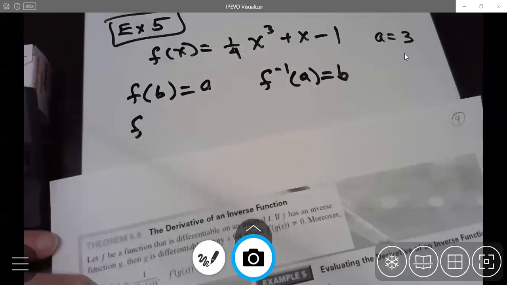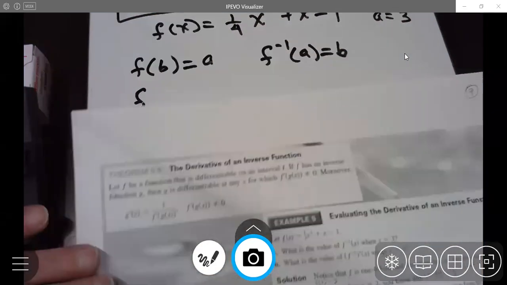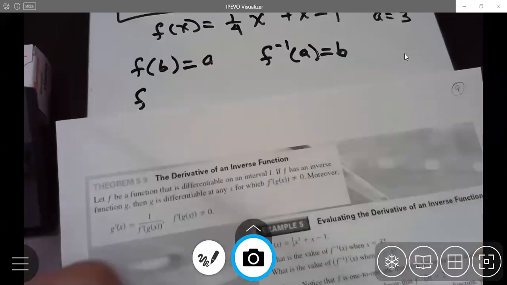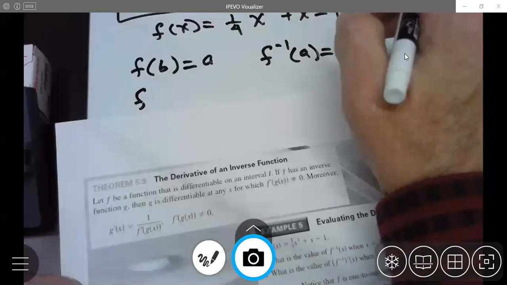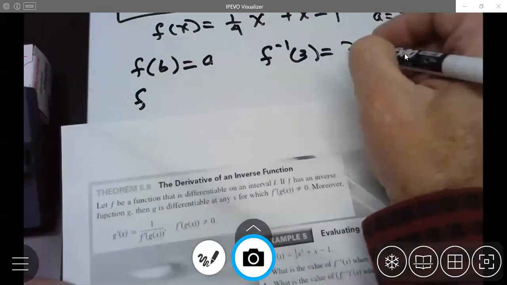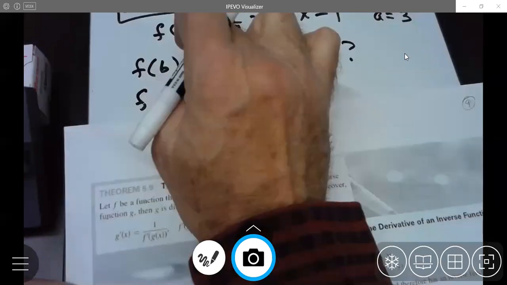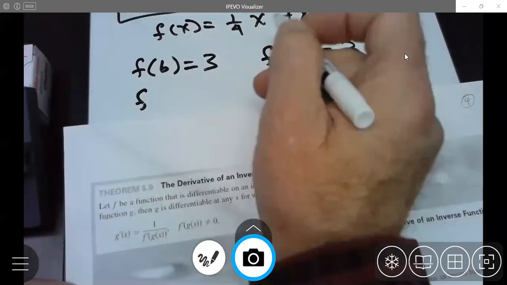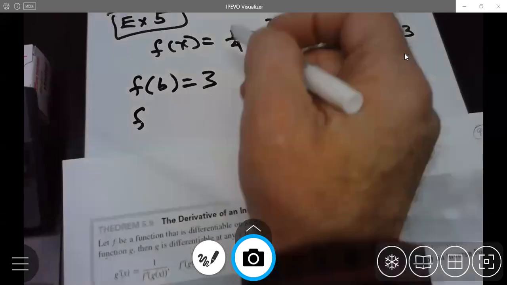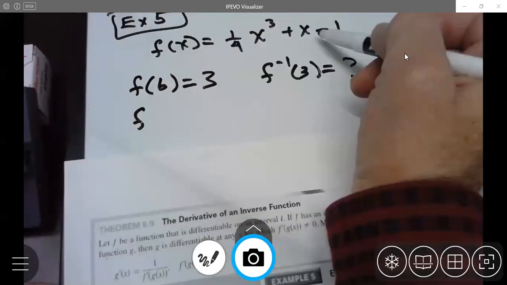So what we're saying here is that this a is 3, but we don't know what that is. But that 3 is the y coordinate. So we would have to find what x is.